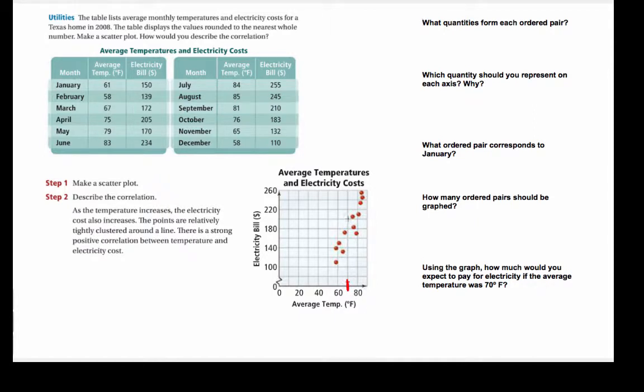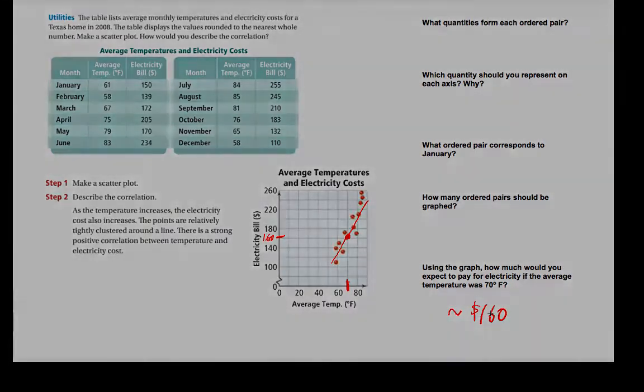Okay, so this grid line here is 70 degrees. Whatever dollar amount this is would correspond with this point here. Well, what is this? This is 160. Okay, so you would expect to pay approximately $160 if the temperature was 70 degrees Fahrenheit.